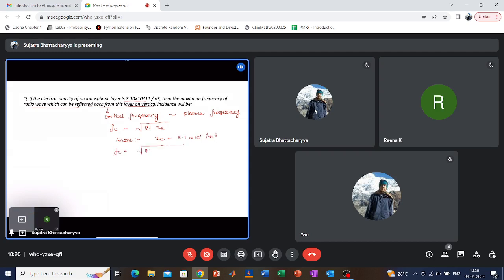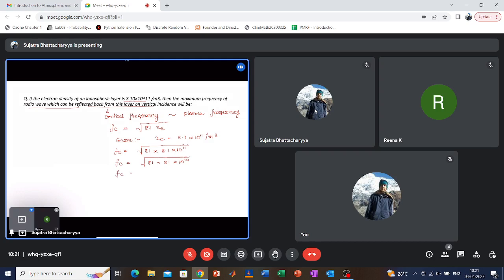It is 81 into 8.1 into 10 to the power 11. Simple. So fc, just write 81 here and make this 81, then it will be 10 to the power 10, one less.